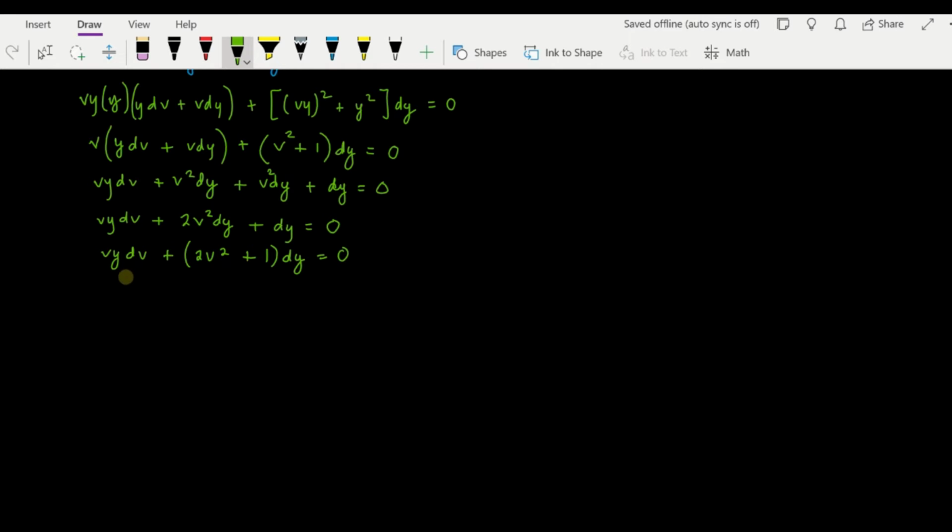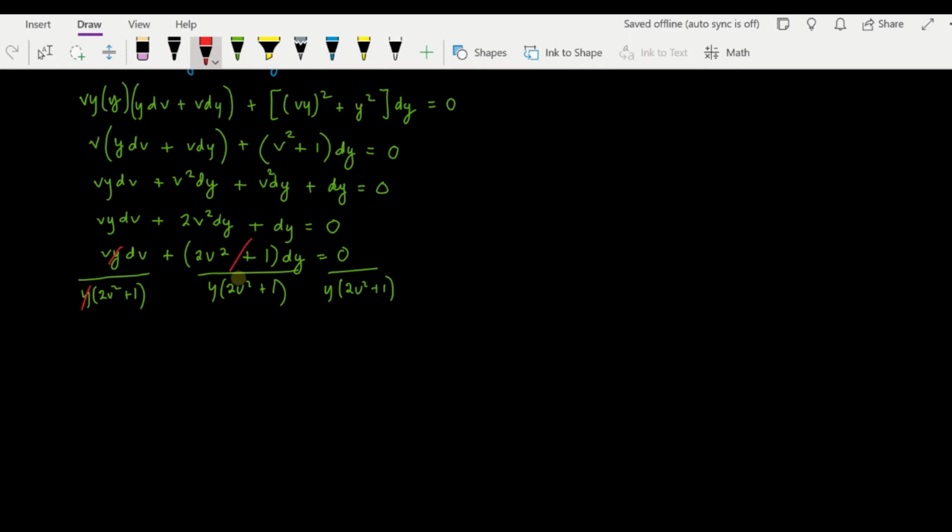I-divide lang natin siya by y times 2v squared plus 1. So, mangyayari kasi dyan, i-divide natin siya lahat by y times 2v squared plus 1 all over y times 2v squared plus 1. Ito, same din lang naman. So, ito, pag dinivide, makakancel yung y.